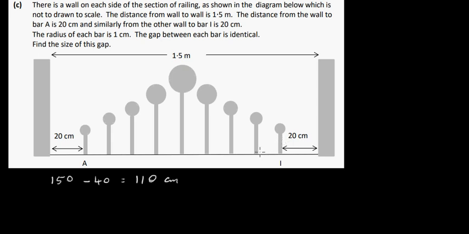Now we've also got these other dimensions here. We've got 2 centimeters here, 2 centimeters here, 2 centimeters here, and so on. How many of those 2 centimeters have we got? Well, we've got 1, 2, 3, 4, 5, 6, 7, 8, and 9. So that's 9 times 2, which is 18.